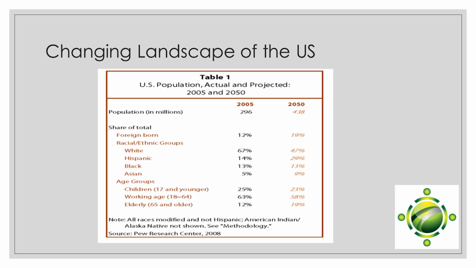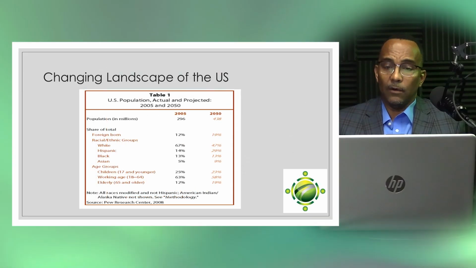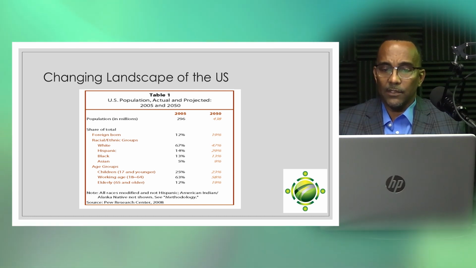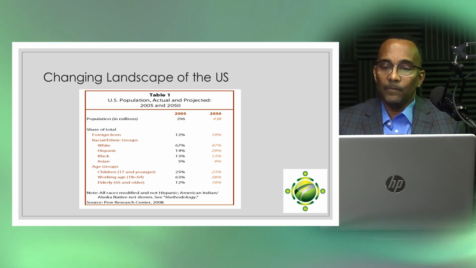Okay, so again, here's a table that talks about the projection. We're looking at 2005 and 2050. If you look closely at the racial and ethnic groups under the share of total, in 2005, 60% of the population was white, and you can go down and see 14% Hispanic, 13% Black, and so on.